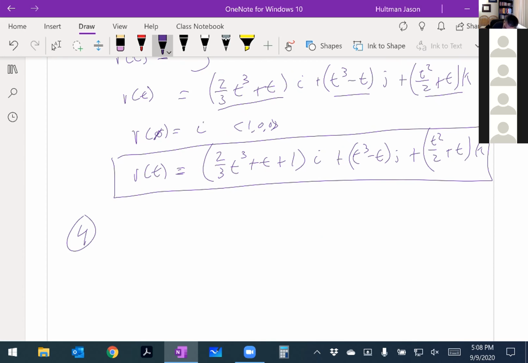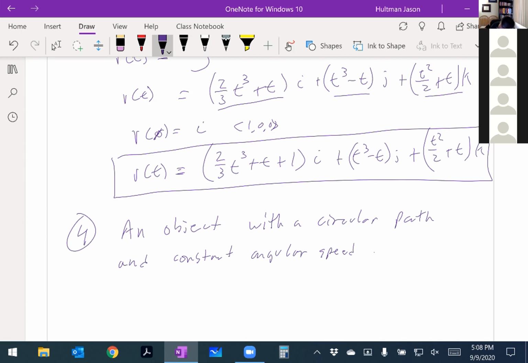Okay, number 4. An object with a circular path and constant angular speed omega, or w if you want it to be w, again, has position r of t equals b cosine omega t i plus b sine omega t j.